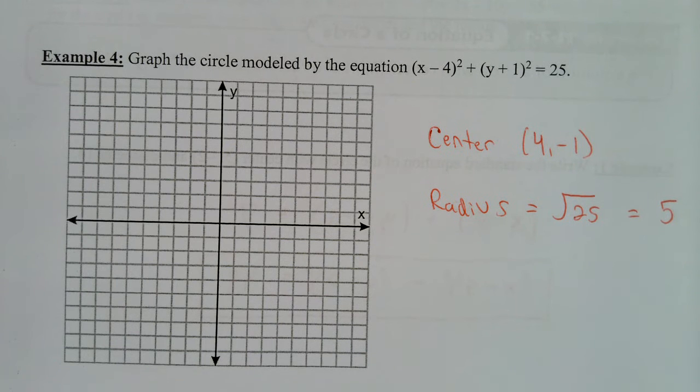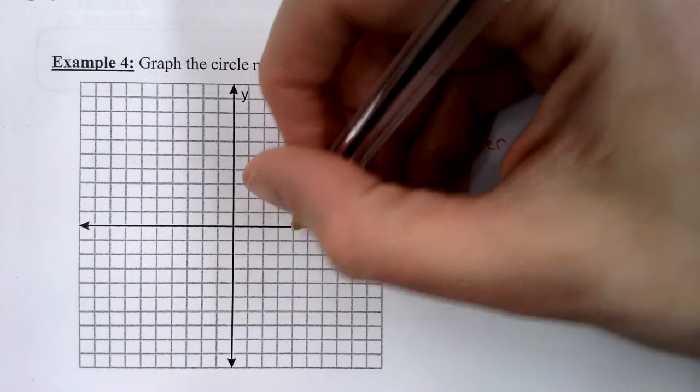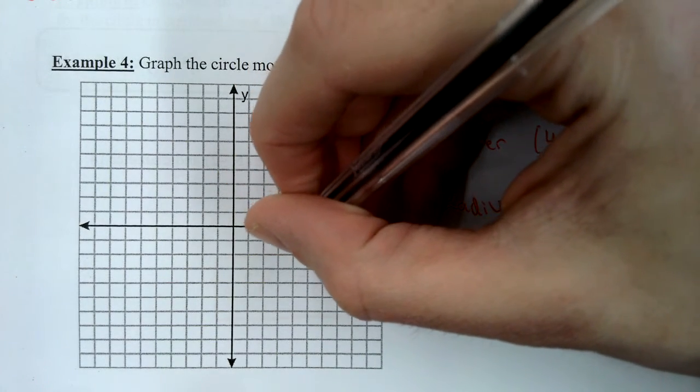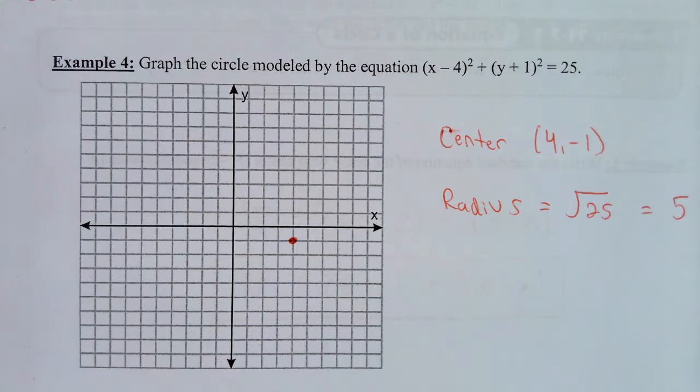Okay? So now how do you graph that? First, plot the center, 4, -1. The radius is 5.